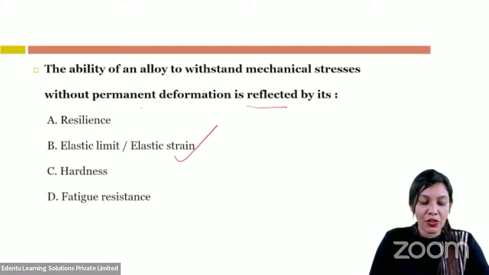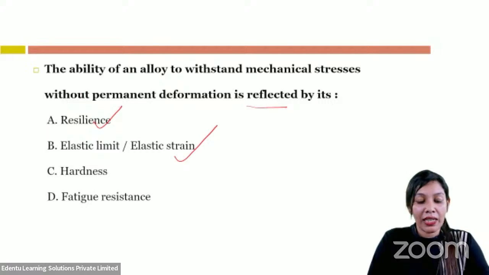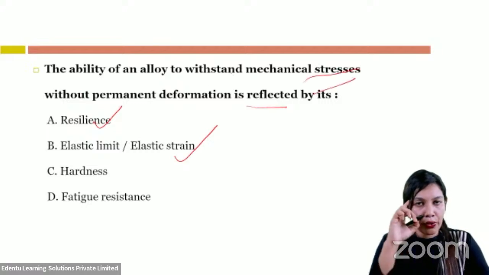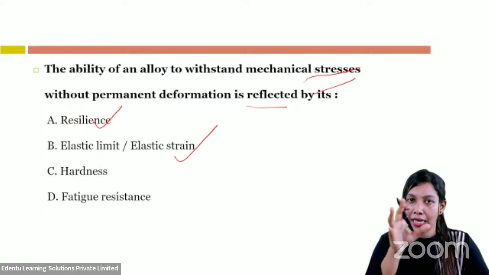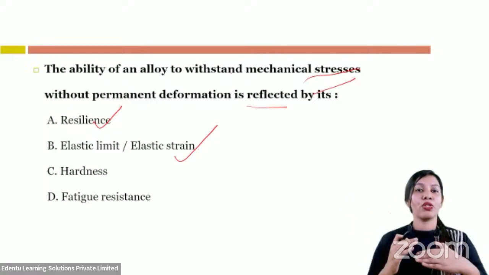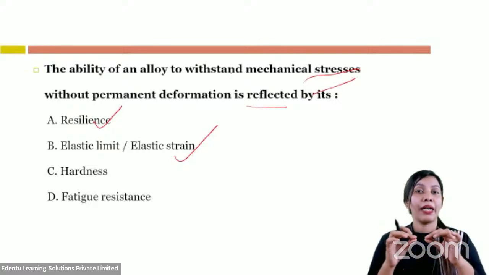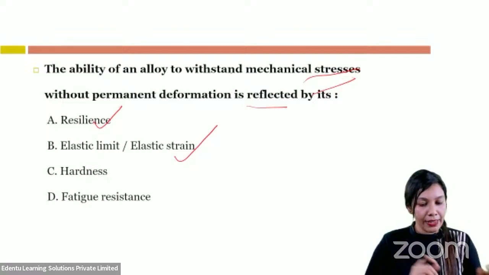So the only answer which is given is elastic limit. Resilience is the energy. It is not the stress that is developed. So you need to actually work on that. Resilience is the energy, but elastic limit is the stress that is developed within the elastic range. Stress is not directly proportional to strain, but it comes back to its normal position, right?